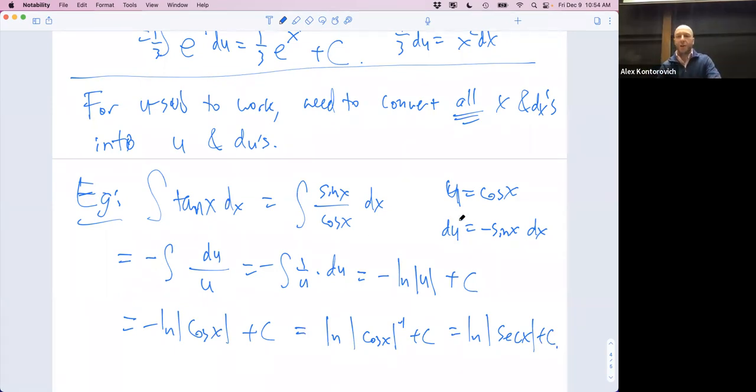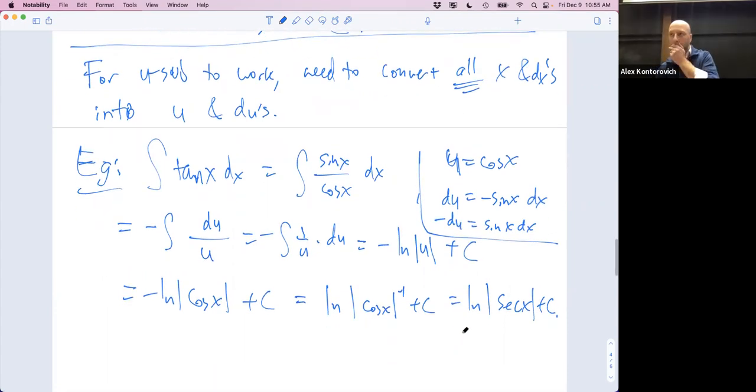The derivative du is negative sine x dx. So in other words, negative du is sine x dx. I have here sine x dx. I need that minus sign. Okay, does that make sense? Oh, this -1.